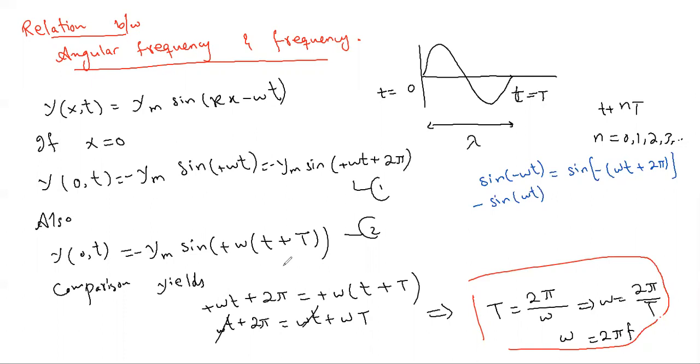See. Okay. So let's write a more general form of the equation. Our wave equation is y equals y sub m sine of kx minus omega t. This is for a wave which is traveling towards the right.